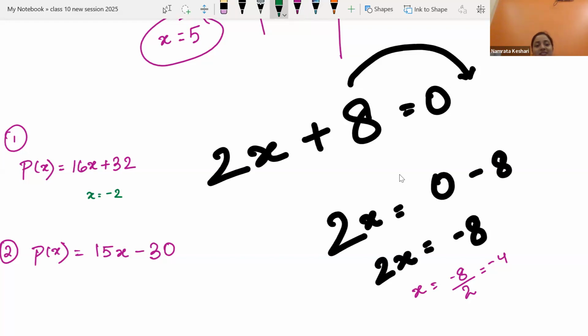Do it, take your time. 2. Okay, x is just 2.